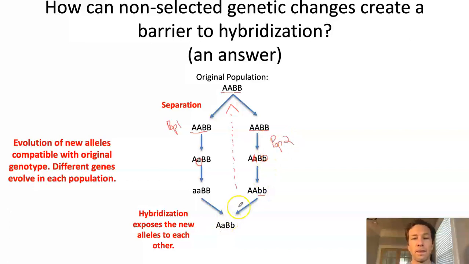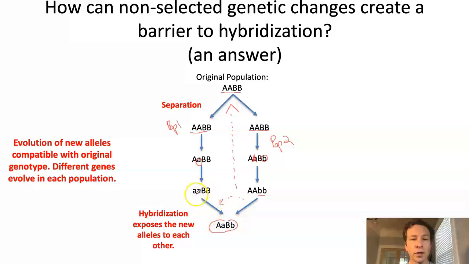Now let's imagine there's some event where seeds from population 2 get dispersed across the mountain and end up back in population 1. And as a result, we have hybrids form between these. And here's the genotype of our hybrid.